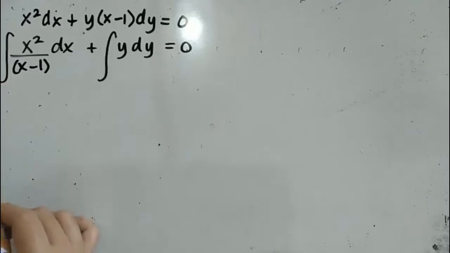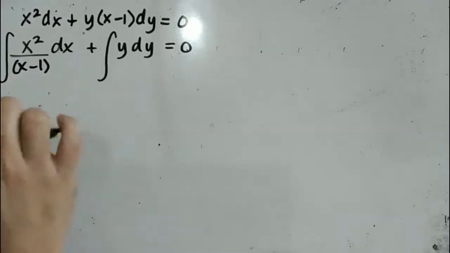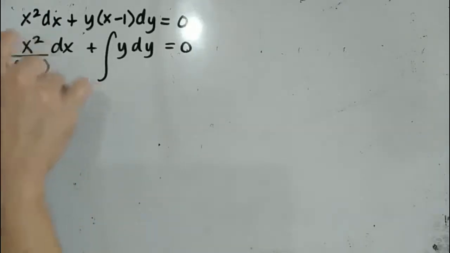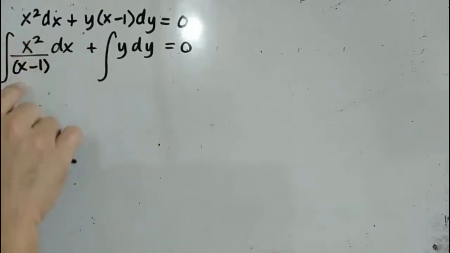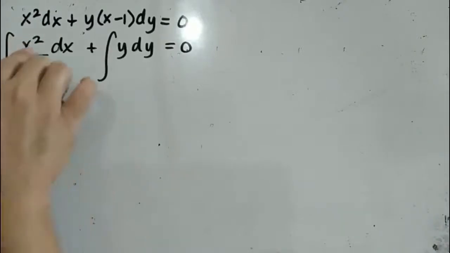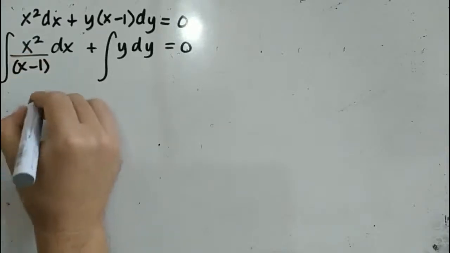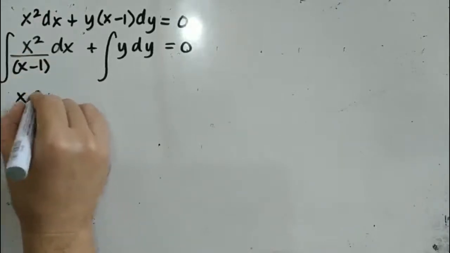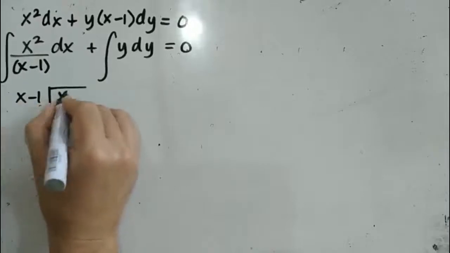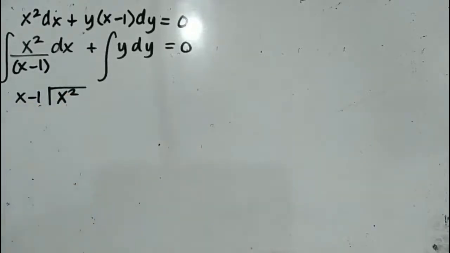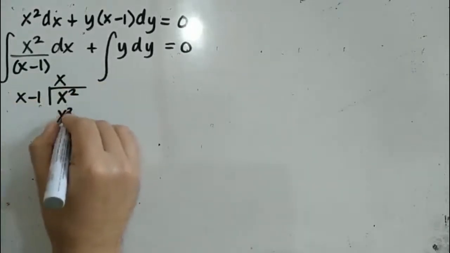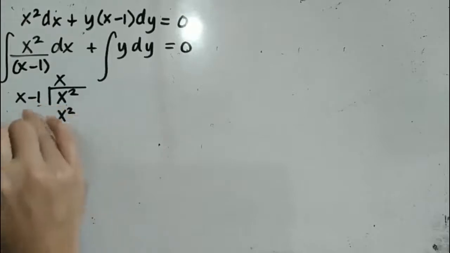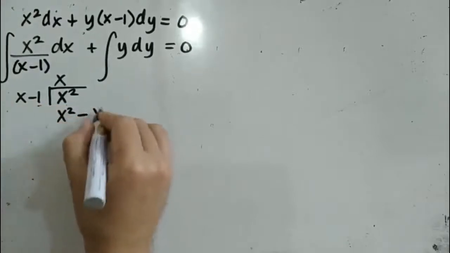So we apply once again the technique in which we resolve this integrand into its partial fractions. Since x squared over x minus 1 is the same as x squared divided by x minus 1, we will do that. We will divide x squared by x minus 1. So x squared divided by x is x. x times x is x squared. x times 1, x times negative 1 is negative x.